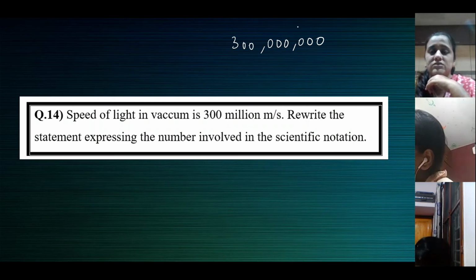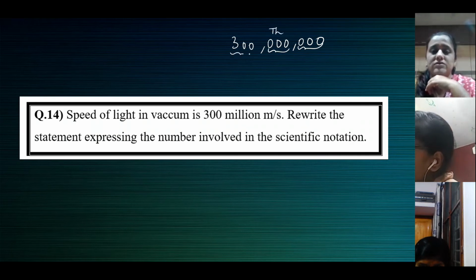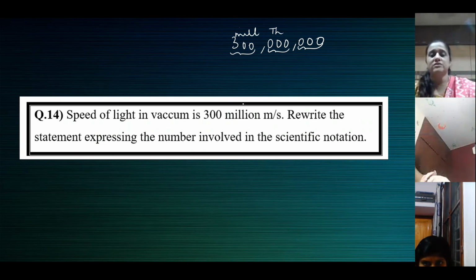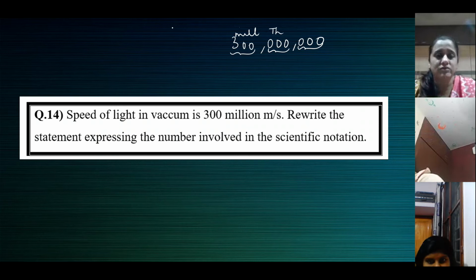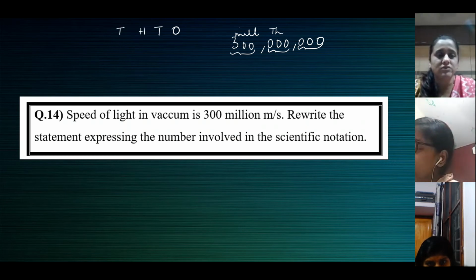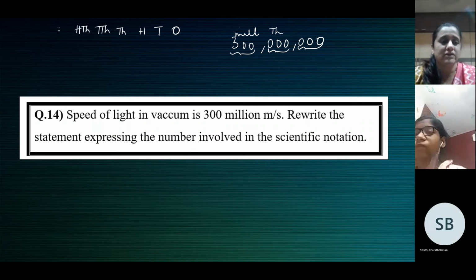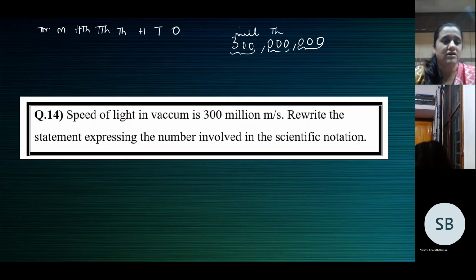So you group in threes, right? This is the thousands place. And this is the millions place. 300 million. See the place values. Ones, tens, hundreds, thousands, 10,000s, 100,000s, million, 10 million, 100 million.